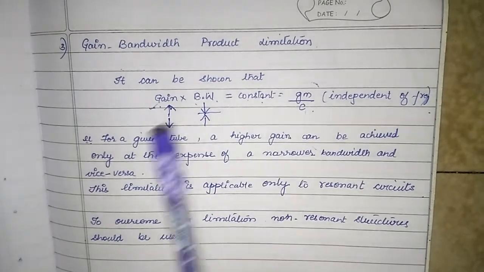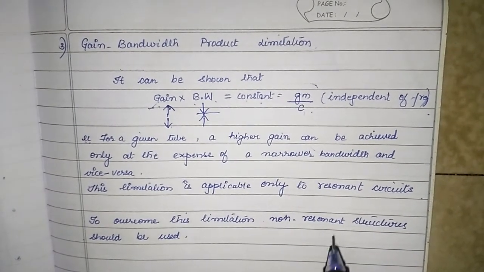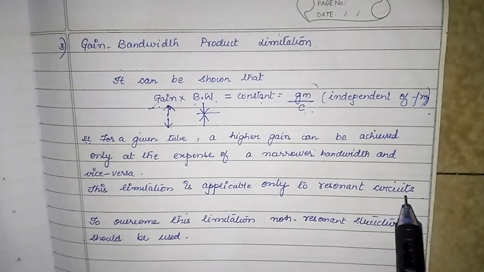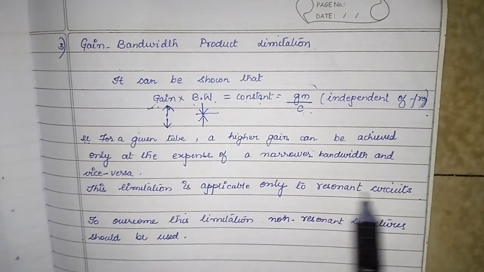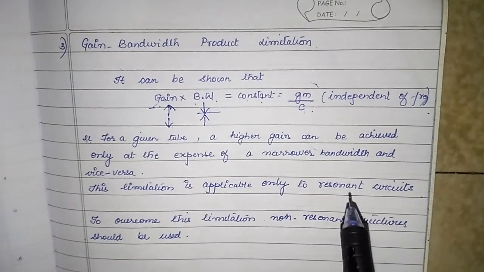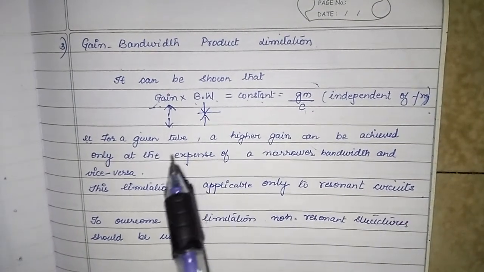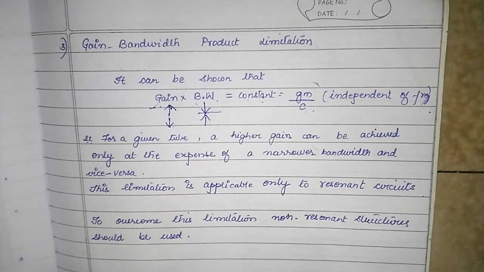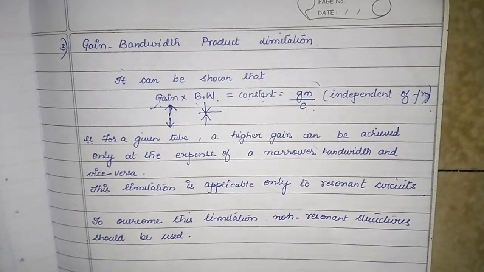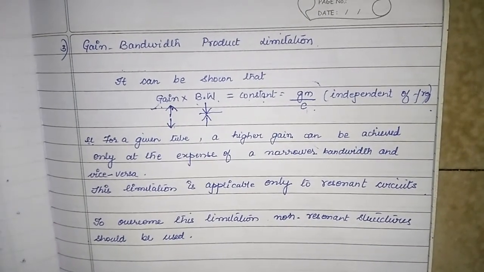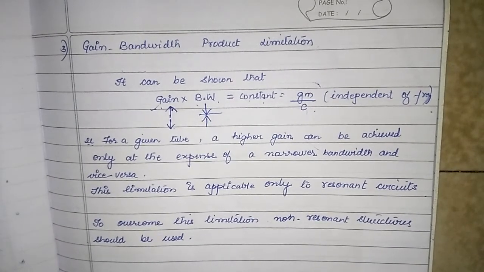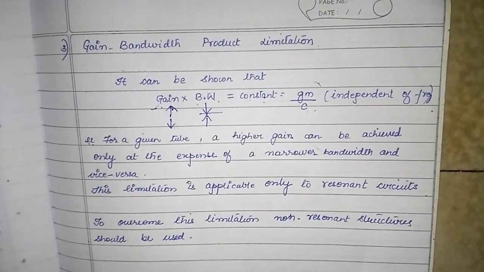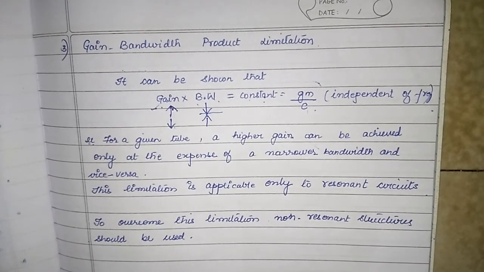So this happens to what kind of devices? This is a limitation with resonant circuits. Now why did I say resonant? I asked you to remember what a resonant circuit is, the ones having L and C. You've seen that in the equivalent circuit of the vacuum tube you have both L and C. So definitely it is a resonant circuit. This is definitely going to be a limitation of the vacuum tube which makes it inefficient at microwave frequencies.